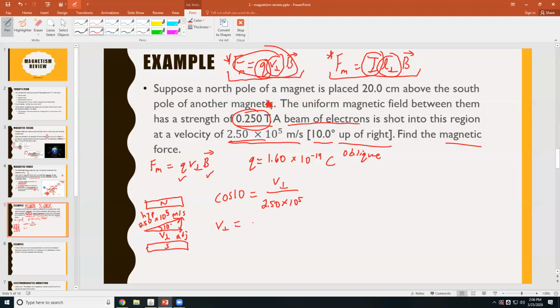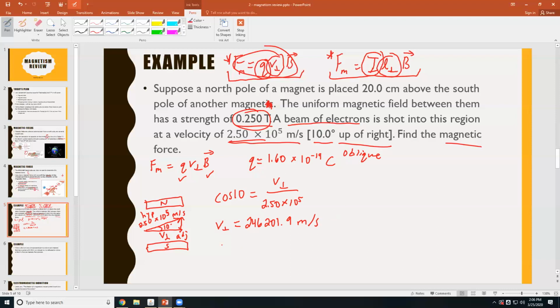I get V perpendicular equals, and I'm going to keep all the numbers I can here realistically. It's quite a big one, 246,201.9 meters per second. Okay? I'm keeping all those numbers because I want to keep my answer as accurate as possible. This isn't my final answer. I'm not going to round to significant digits yet, so we'll leave that where it is.